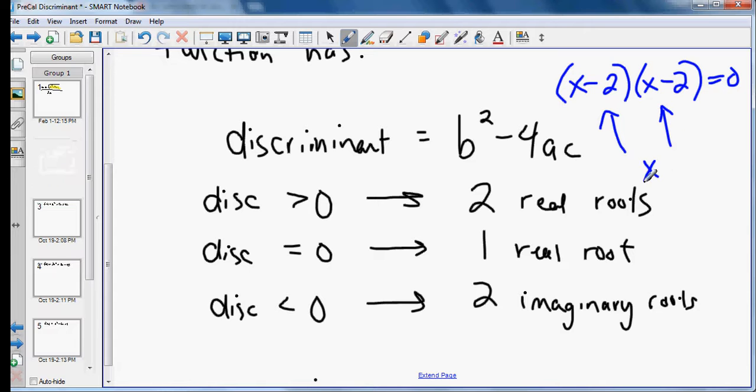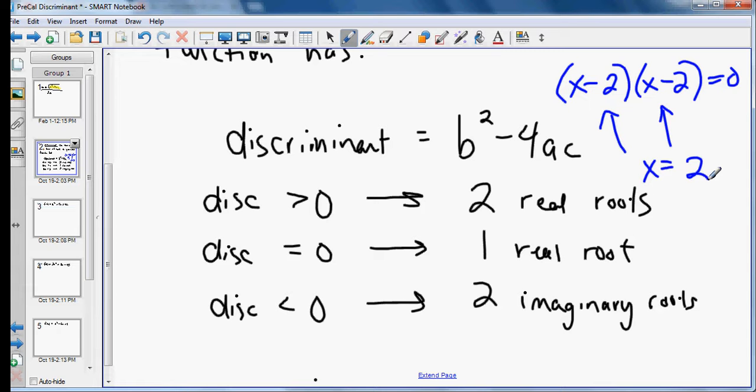So I do have 2 roots, but they're the same one. So they say 1 real root, meaning there's only 1 unique real root. So there's still technically 2, because it's squared, it has to have 2, but both of them are the exact same number. But then if the discriminant is negative, it's 2 imaginary roots.